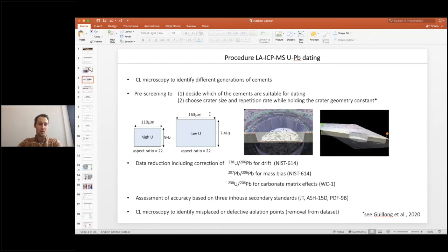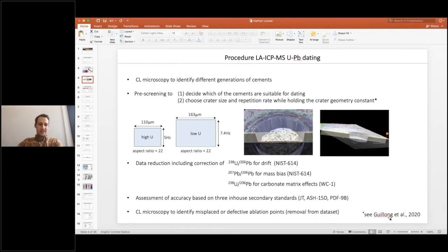So if we have low uranium contents, we shoot bigger holes to ablate more material to get enough signal. Anyway, if you do that, it's very important to keep the aspect ratio, the ratio between the diameter and the depth of the ablation pit, constant. Otherwise, if this geometry gets more deepened, you will have a systematic age offset towards older ages.